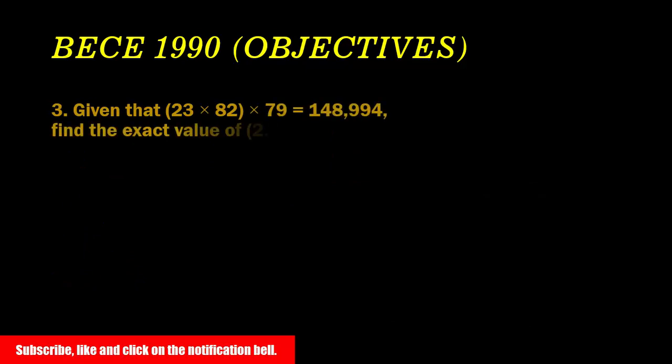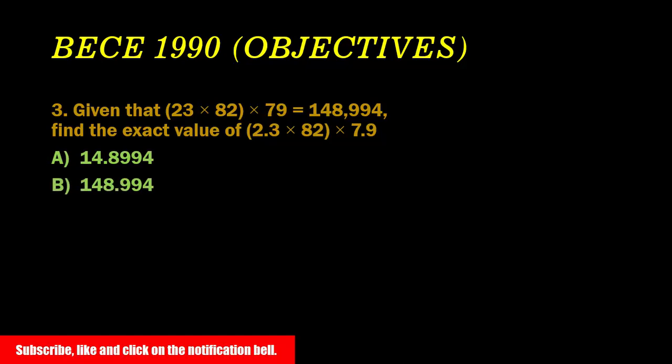Number 3. Given that the quantity 23 times 82 times 79 is equal to 148,994, find the exact value of 2.3 times 82 as a quantity times 7.9. Option A, 14.8994.